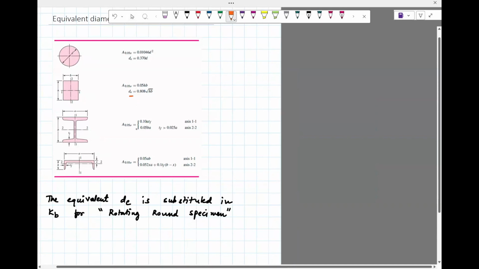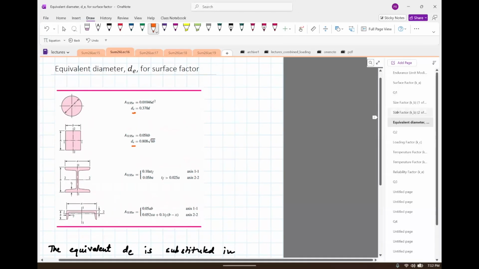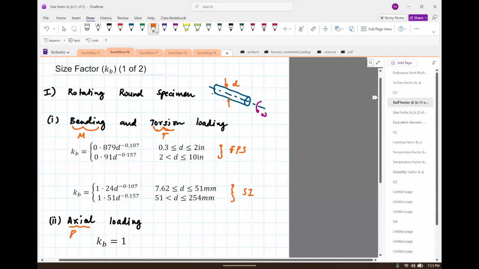Once you get these diameters, here DE for rectangular, DE for circular, DE for I section, we'll not be using these, but these two are the most common ones. Once you get DE, all you have to do is use it within this framework. As I said, the size factor depends on the rotating round specimen. That's how we have found these values, and we're just mapping them.